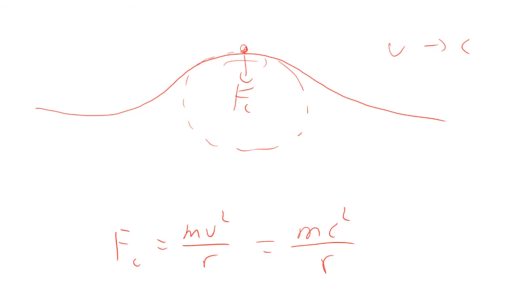And so that means that there's going to be a centripetal force here. We know that centripetal force equals mv squared over r. Well, what v? That's the v of moving. We know that the rotational v and the linear v in rolling motion is the same. So this v is going to be the wave speed c. So this will be mc squared over r.